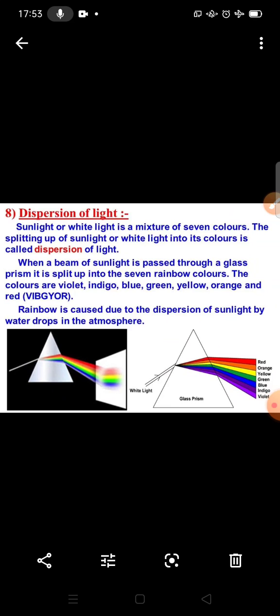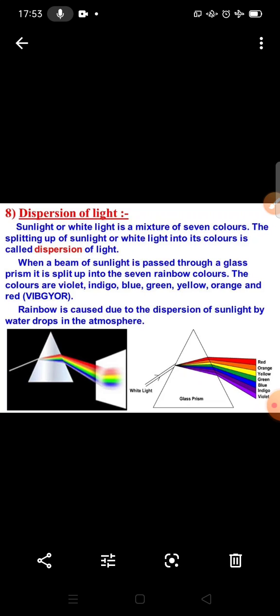How does this happen? Because the tiny droplets of water work as a prism. So when the sunlight passes through these water droplets, it splits into seven colors. The splitting of white light into its seven colors is known as dispersion.